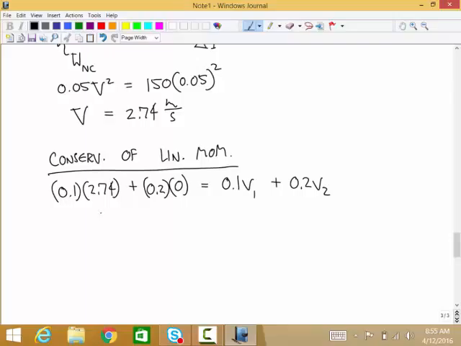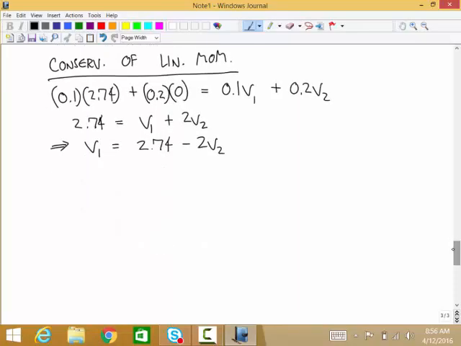You can write this as 2.74 is equal to v1 plus 2v2. So v1 is equal to 2.74 minus 2v2. And we're going to plug this into the conservation of elastic kinetic energy equation.